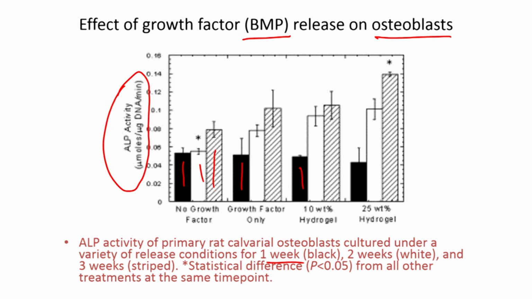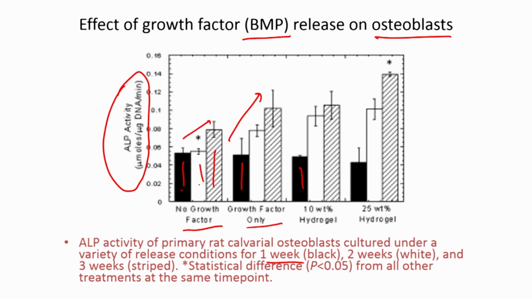What you can see is, you can have a hydrogel with no growth factor, or just have the cells in 2D, and you will have a certain amount of ALP activity as time progresses. Limited amount here. You can add just the growth factor, which is essentially BMP here, and this increases the bone formation a bit.